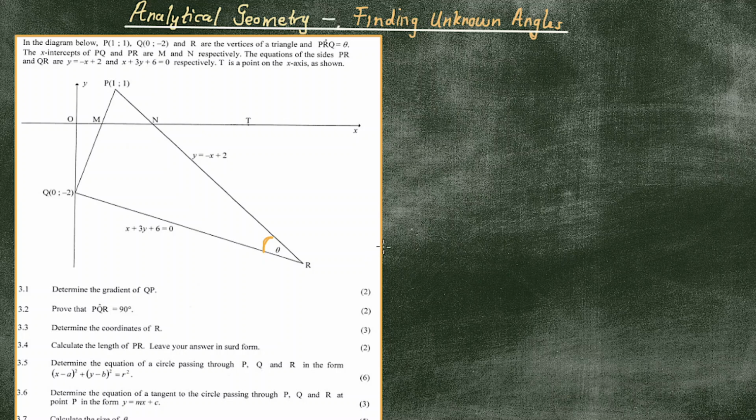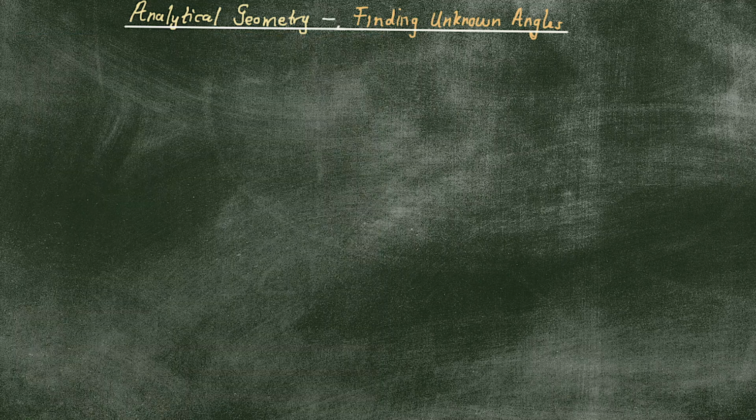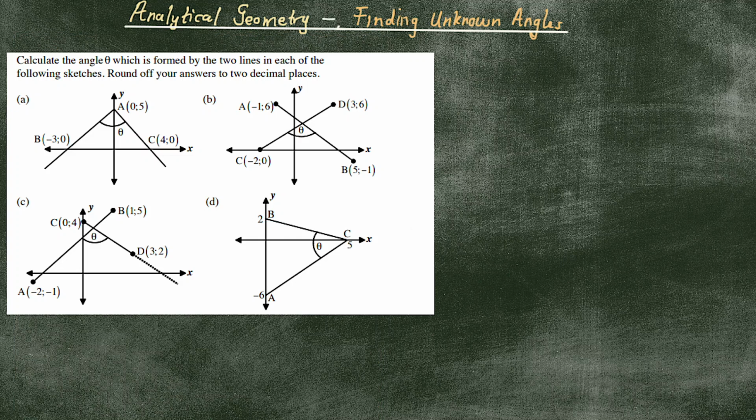So towards the end of this video, we're going to try to solve this problem. But if you don't know how, sit tight. By the end of this video, you should be able to solve this problem. Okay, so let's take this activity and address these problems here.